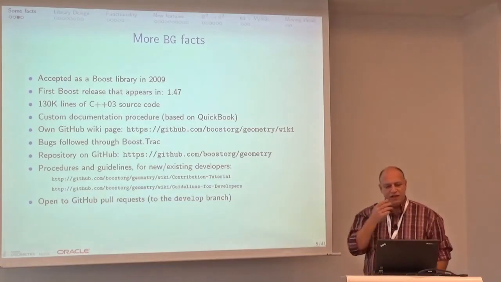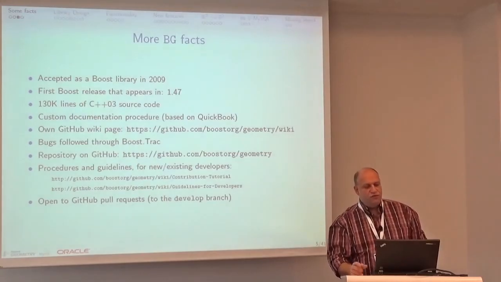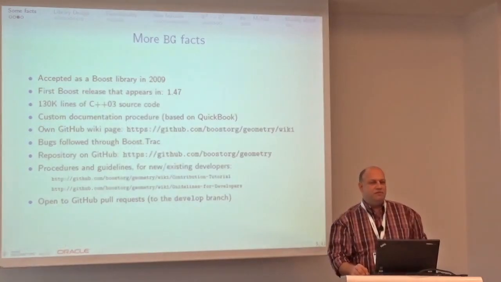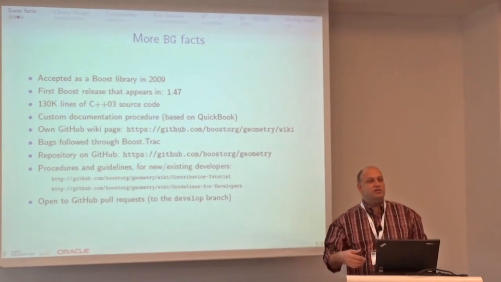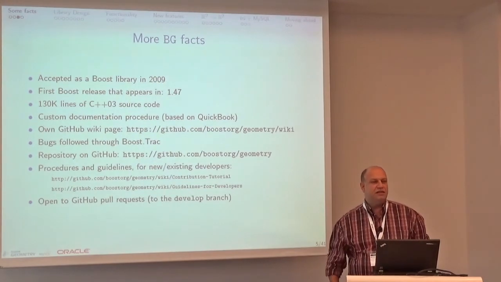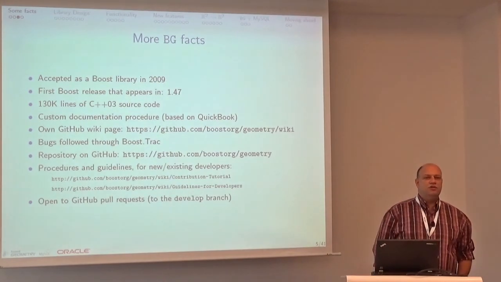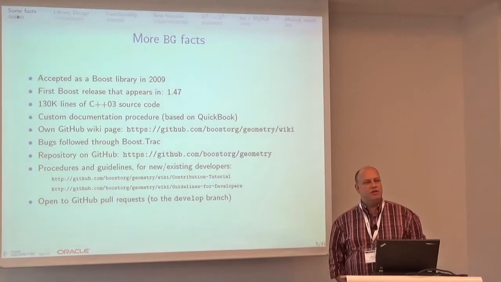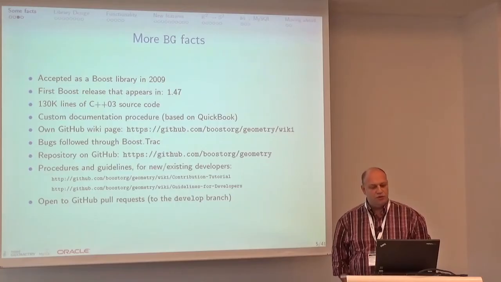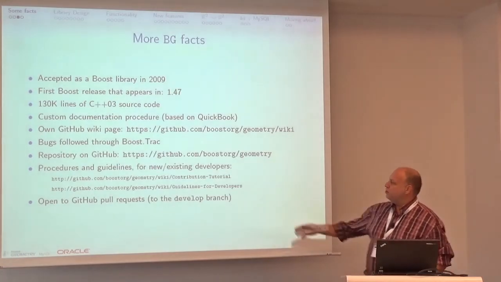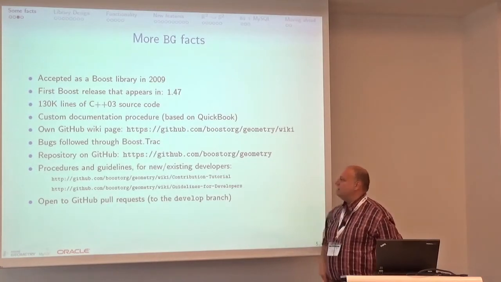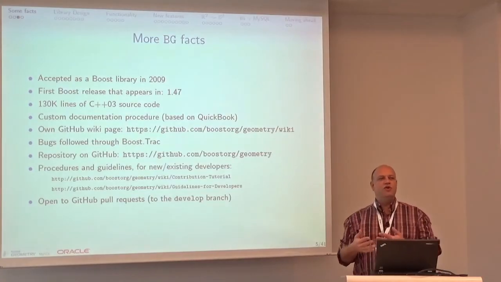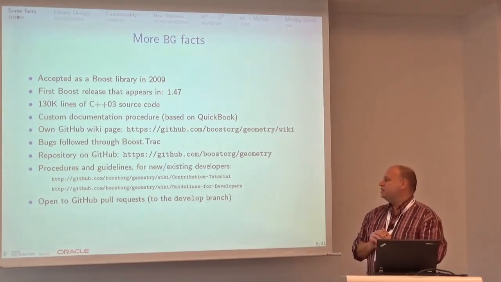There's also a mailing list for the library that I don't mention in this slide. But again, thanks to Adam, we have two very interesting wiki pages, in my opinion. One tells you how you can contribute to the library: how to set up your GitHub account and your Git repositories, what the procedure is, what the workflow is, and so on. The other contains guidelines for developers, where we say how we approach development in this library.